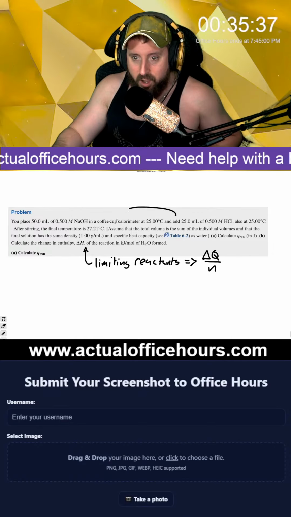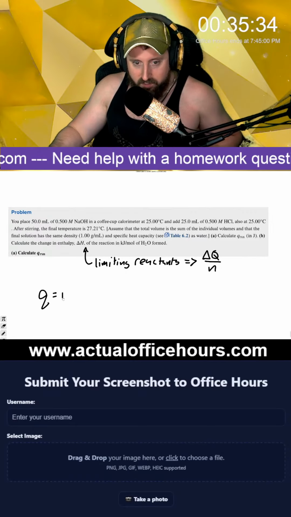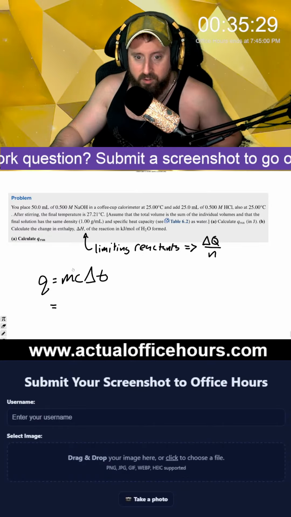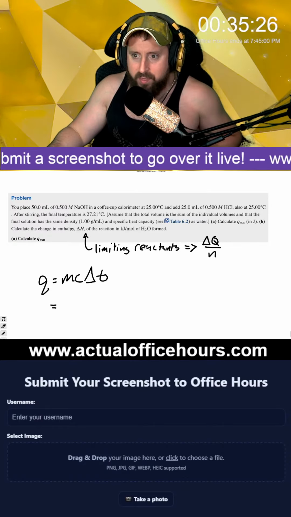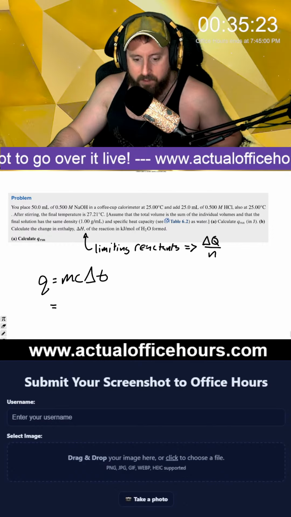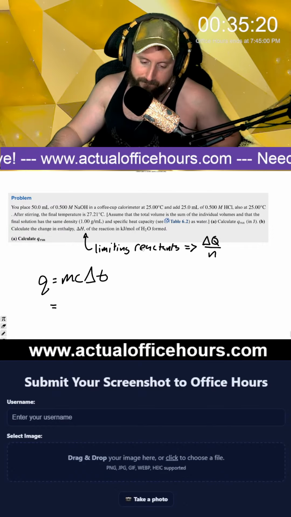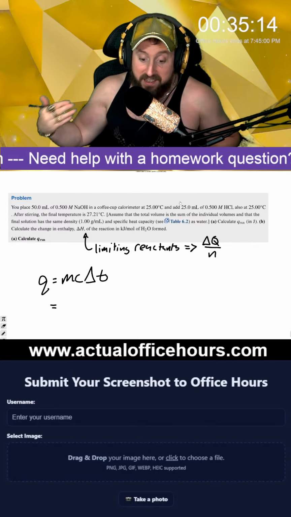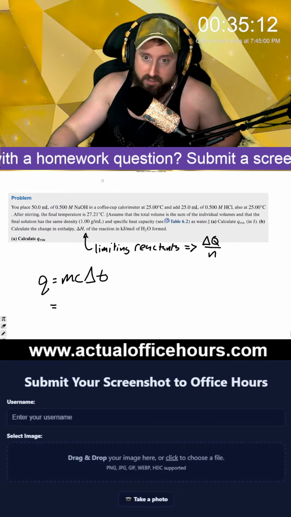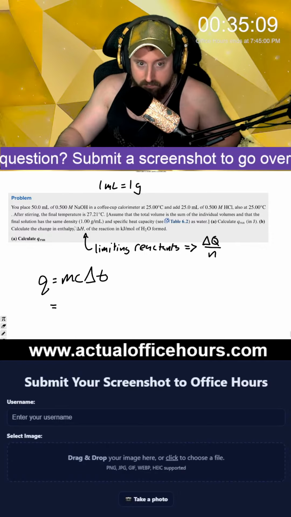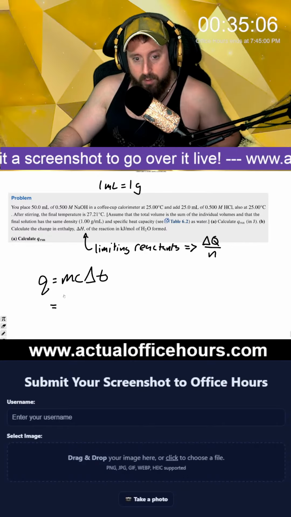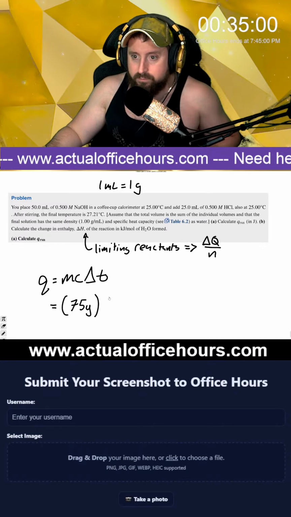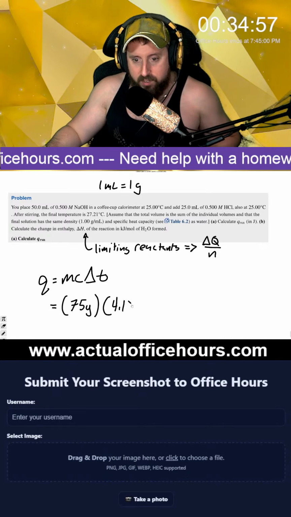So the coffee cup calorimeter, so Q is equal to MC delta T. In this case, the coffee cup calorimeter doesn't actually have a specific heat, which is nice. So if you add 50 milliliters with 25 milliliters, you get 75 milliliters of water. But the key thing here is that 1 milliliter is equal to 1 gram. That's what the density says. So this is going to be 75 grams. C for water is 4.186.